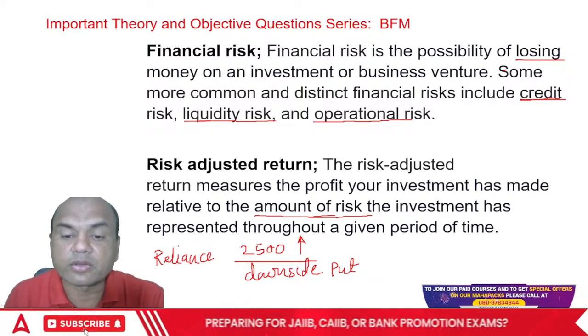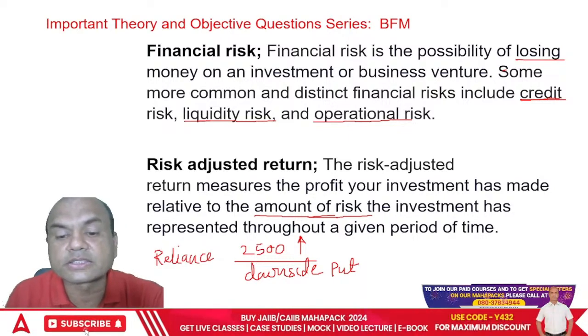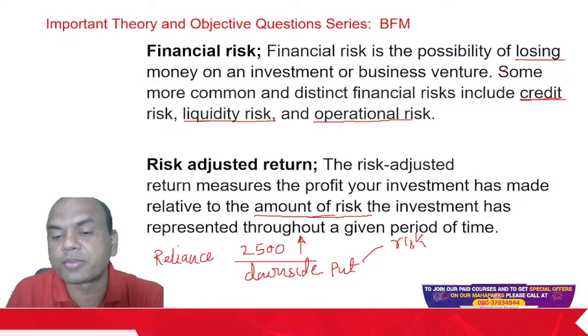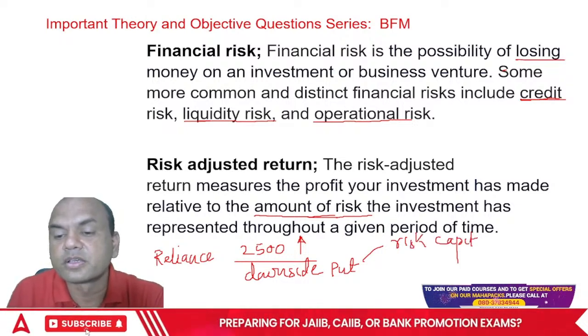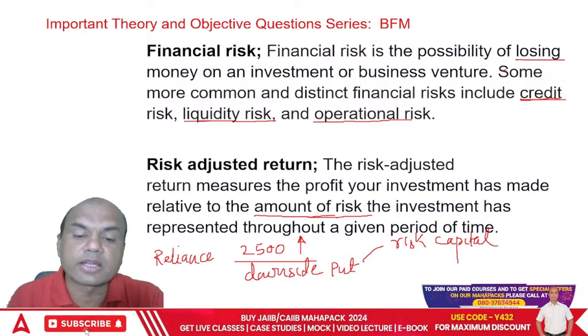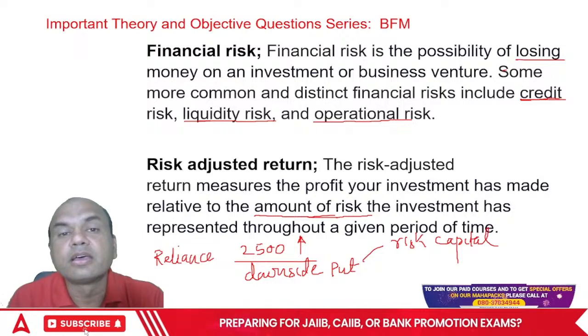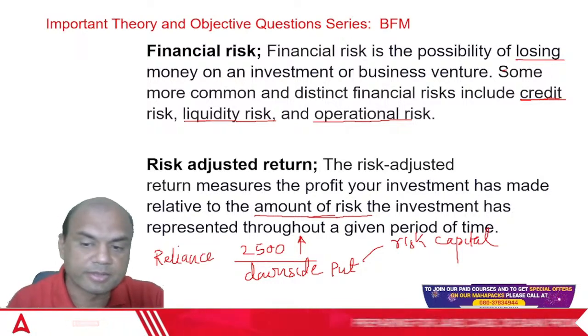So this is known as the amount of risk, and it is known as the risk capital. How much risk capital I keep to cover my risk. So to cover the downside, I'll buy a put, and this put will cost me something, and this will be known as my risk capital, which I keep aside.